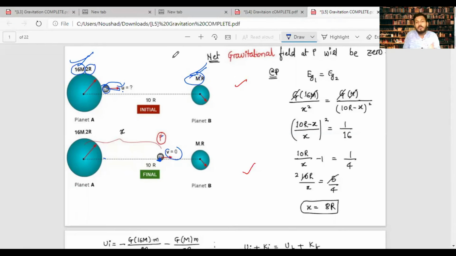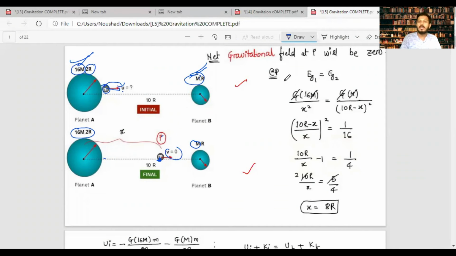From both bodies it experiences force. But at point P, we are assuming it is 0. What does it mean? There is no force experienced on m due to these 16m and M. There is no force at P.